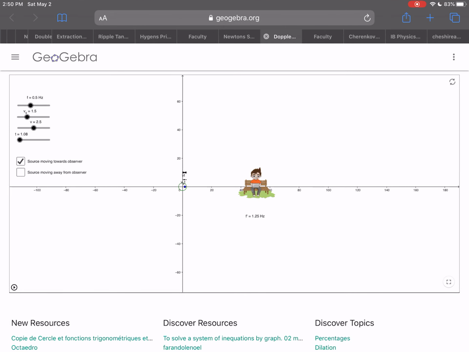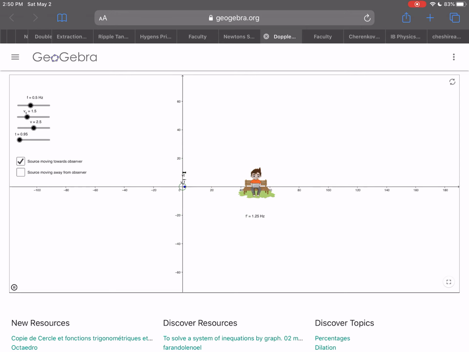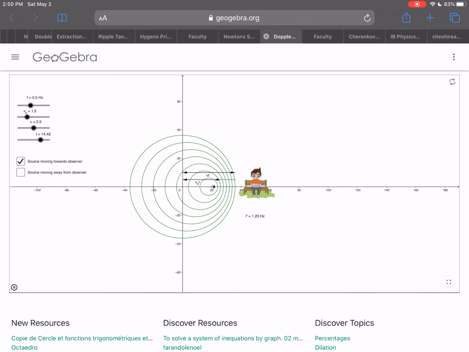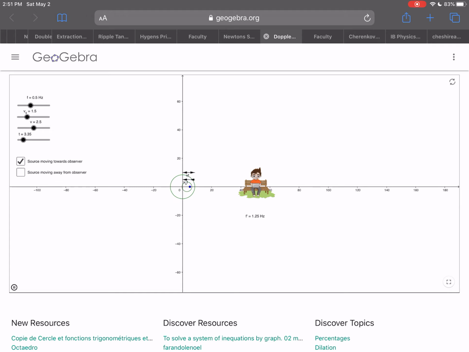All right, so here we have a GeoGebra simulation. Our source is shown as a blue dot, and an observer is shown on the right. And I'll let it play, and you can see that that blue dot moves to the right, and the center of each successive wavefront moves with it. And you can see that the end result is that the wavefronts end up bunched up together, close to one another, in the direction of the observer.